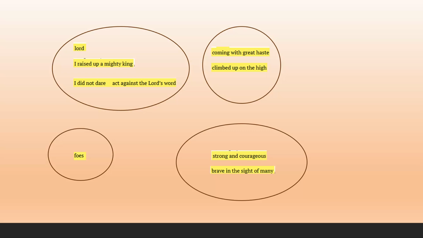It may be that I wind up using it in a potential paper that I'm writing. I may not use it. It may be that if I go through and read the poem over a few more times, with foes in mind, I may come across other instances of examples that would fit into that little circle there.